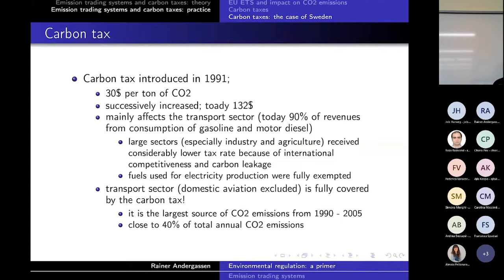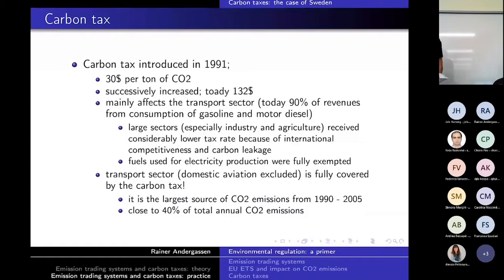That's why they received a much lower tax rate. In a similar way, the fuel used for electricity production was completely exempted, and domestic aviation was also excluded. So the only part that's fully covered is transport.